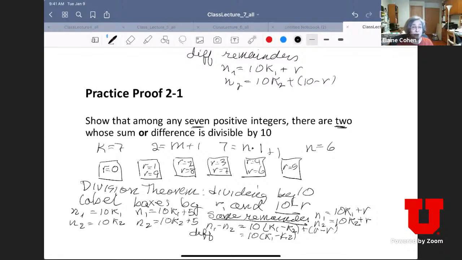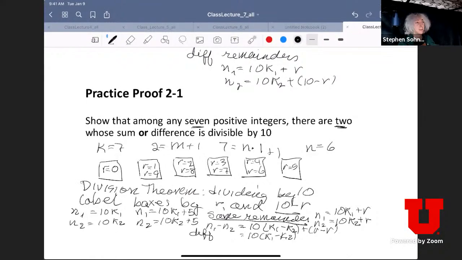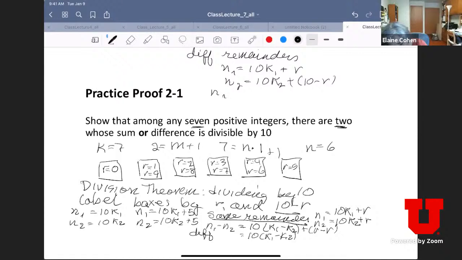So now what do we do? Do we subtract or do we add? Add, right. So N1 plus N2 is equal to 10 times K1 plus K2 plus 10 minus R plus R. So that's equal to 10 times K1 plus K2 plus 1.